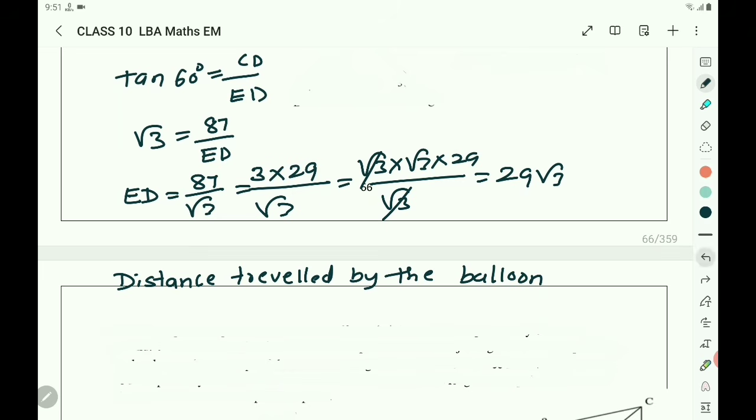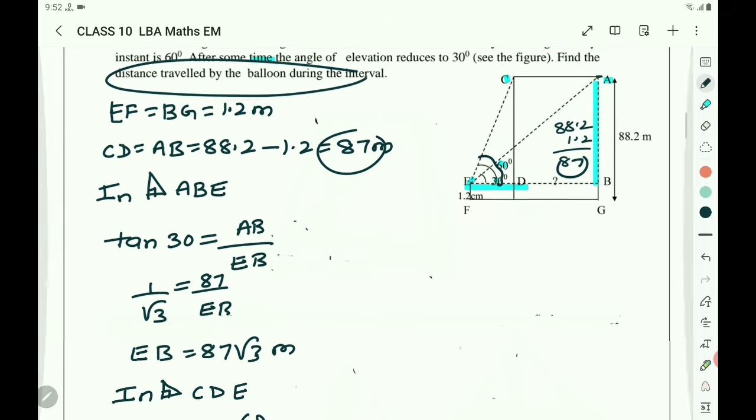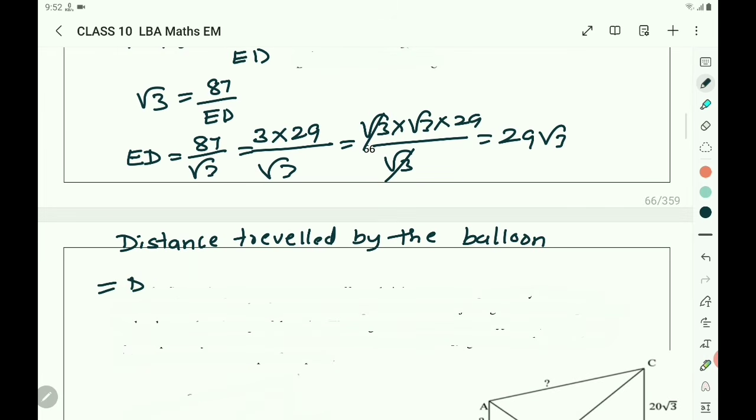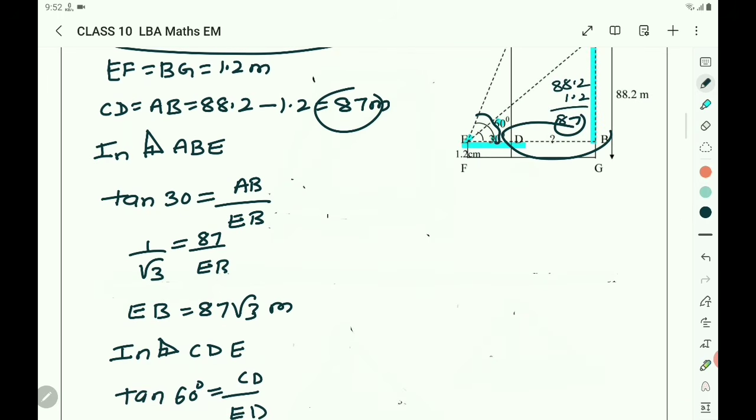You write equals here. Equals, what is that? DB, which is equal to EB minus ED. From here to here minus here to here.